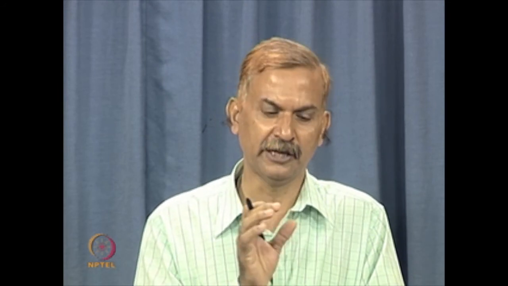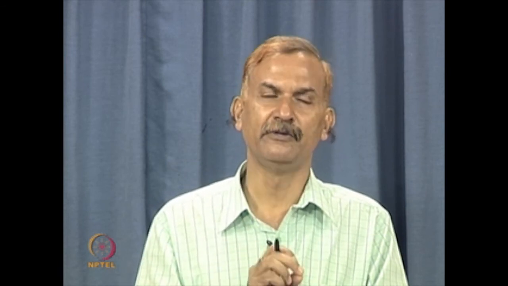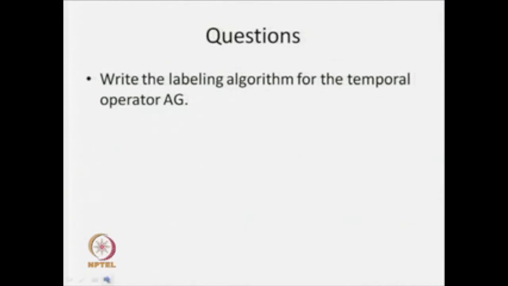So, you just see that the approach is slightly different. We are starting from the entire state space and eliminating states where EGP is not true. One is starting from the minimal set, and in the second approach, in EGP, we are starting from the entire state space, trying to minimize it, and getting the set of states where EGP is true. Okay.